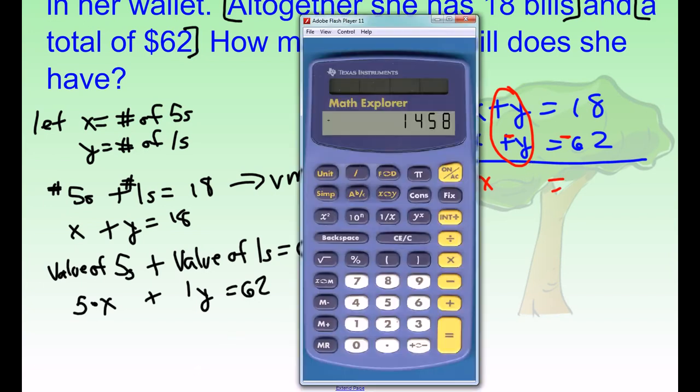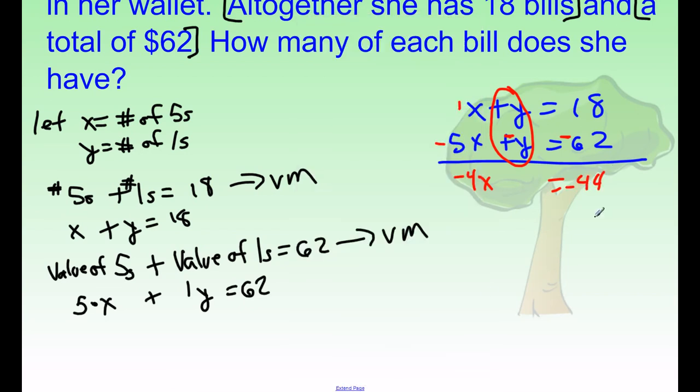And 18 minus 62 is negative 44. Divide both sides by negative 4, x equals 11. So she has 11 of the x's, which is $5 bills. Okay, so she has 11 $5 bills.